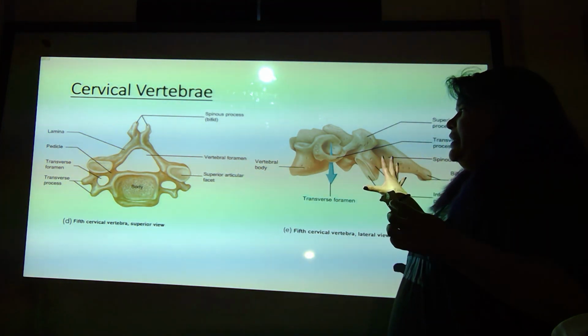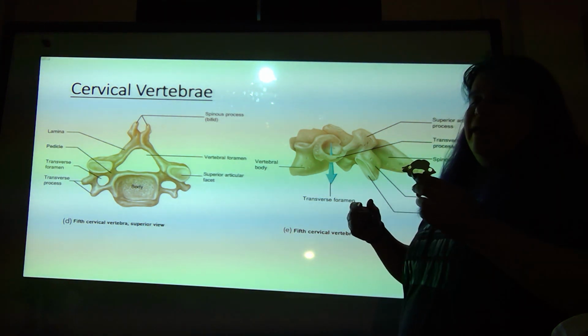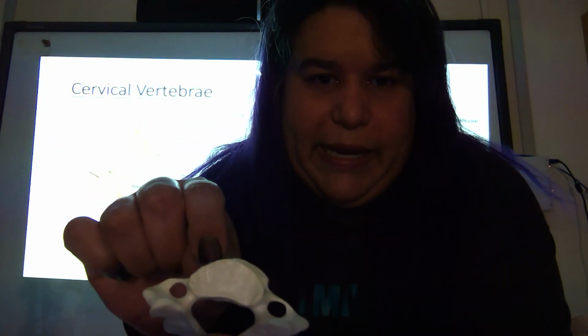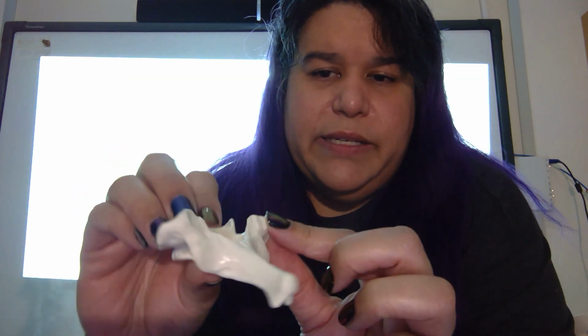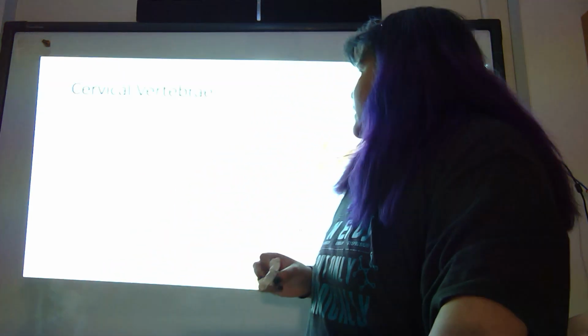And this is just, again, that view from the side. So you've got your body, your spinous process, that's bifid. The transverse foramen, the transverse process from the side, that's the transverse process, okay?